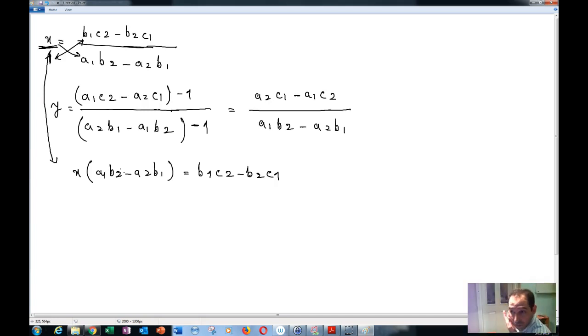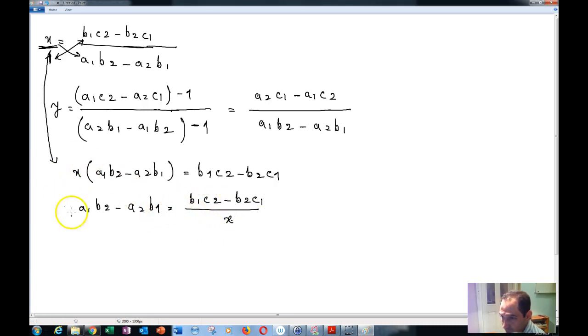Okay, so you know that if you want to calculate this term over here, a1 b2 minus a2 b1 is going to be equal to this whole expression b1 c2 minus b2 c1 over x.